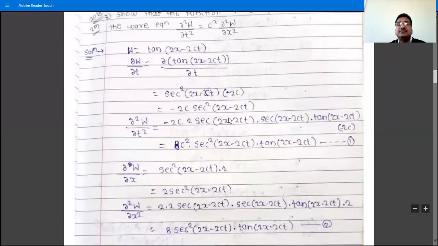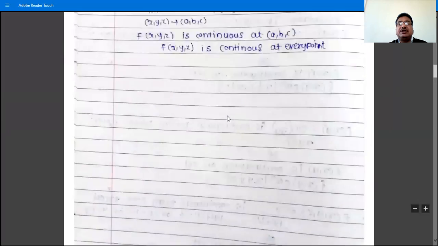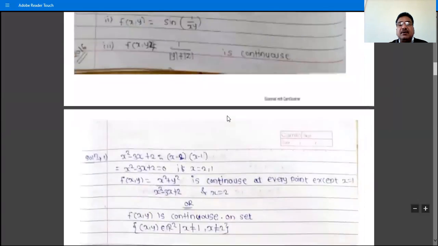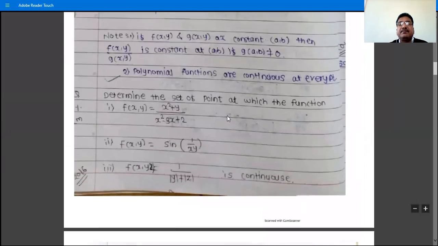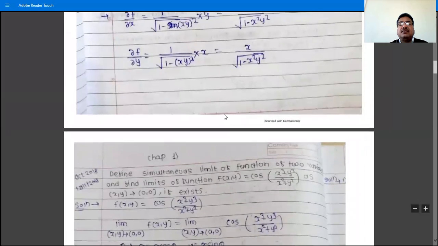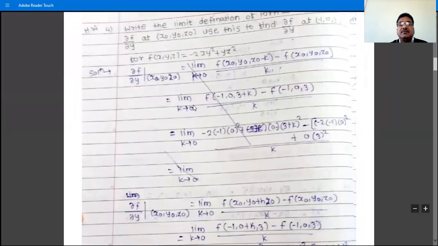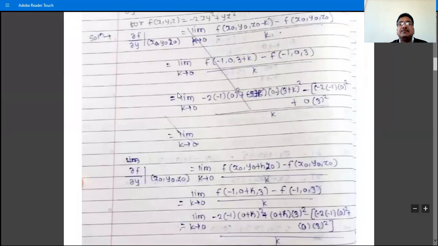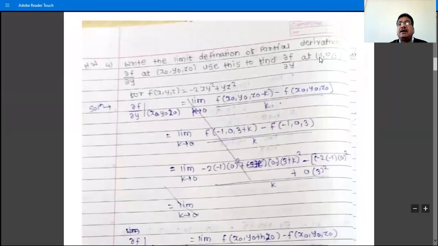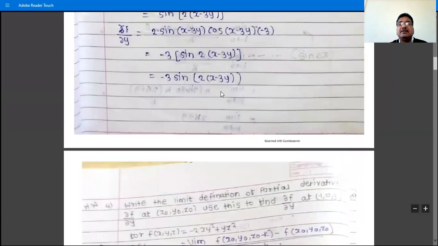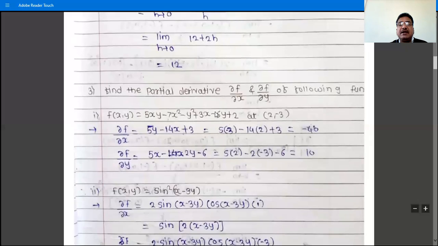These are the problems of partial derivative using definition. This is the definition, and these are the problems. The derivative at (-1, 0, 3), the derivative ∂/∂y, the function is given. So these are the problems by using definition.